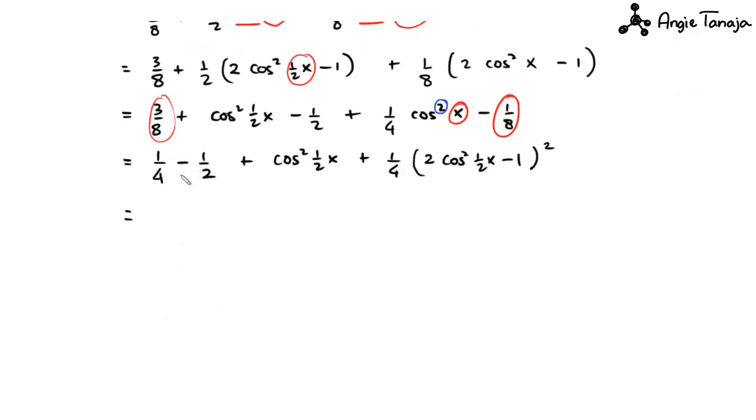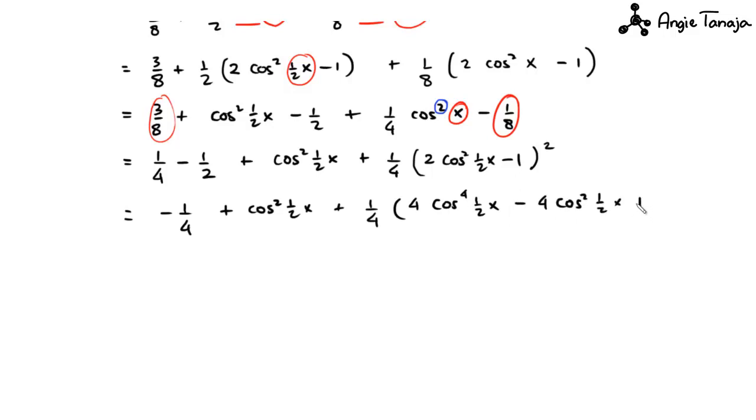After you do that, this becomes minus 1/4. Hopefully it's okay, good to go. Plus cos square half x plus 1/4, and then I'm going to expand the square first, so this will be 4 cos to the 4, sorry, cos to the 4 of half x minus 4 cos square half x plus 1.